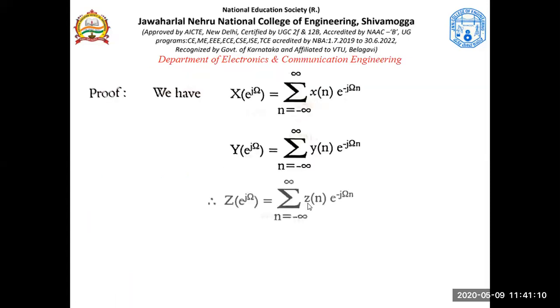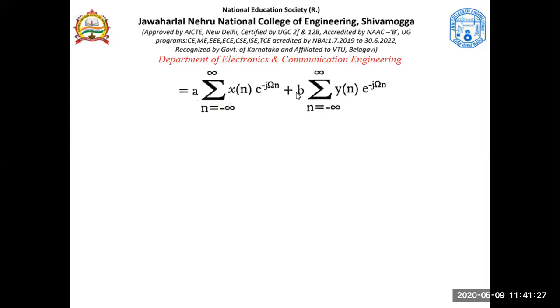In place of z of n, you bring the linear combination of the signals, that is the sum of the weighted signals, and apply this summation along with this exponential to both the terms, keeping the scalars out of the summation because they have got nothing to do with the summation. In the summation n is running from minus infinity to plus infinity, so only the functions of n have got something to do within this summation, so the scalars are kept out.